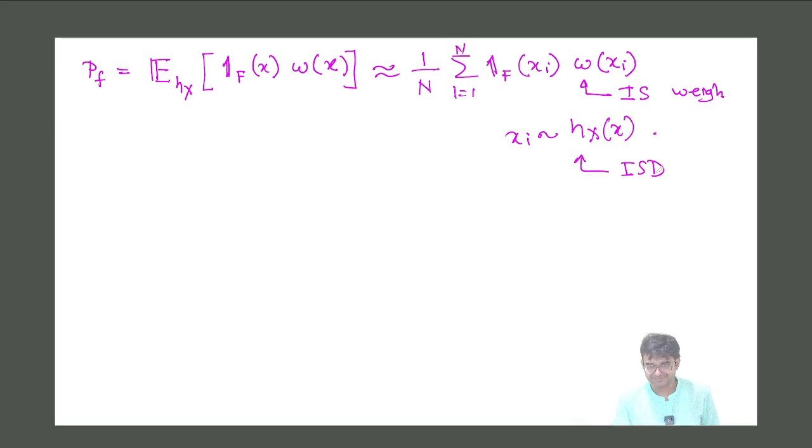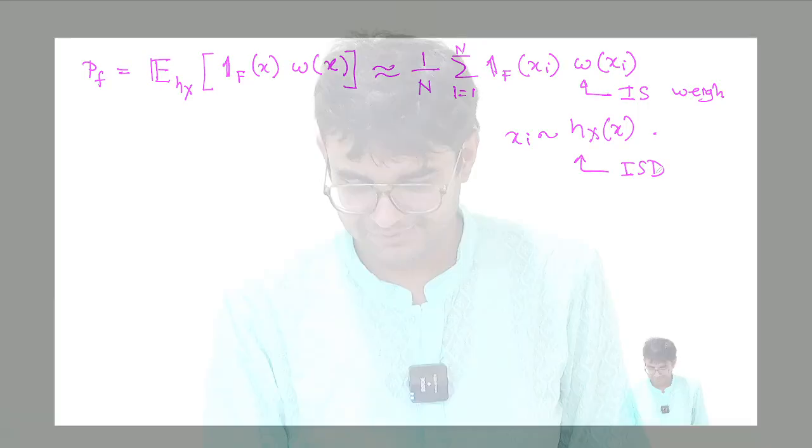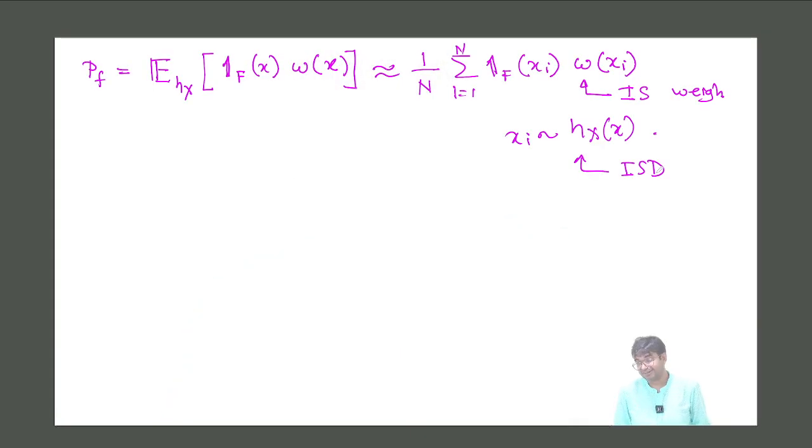The point I am trying to make is that selection of H is very important for getting accurate and efficient results. You should select H properly. The main challenge is to select an H that will reduce the variance and increase the convergence.